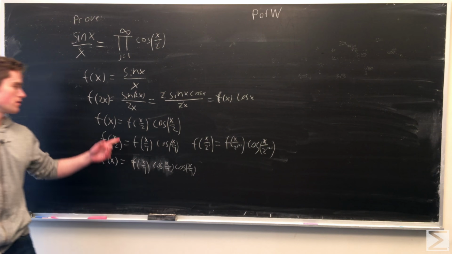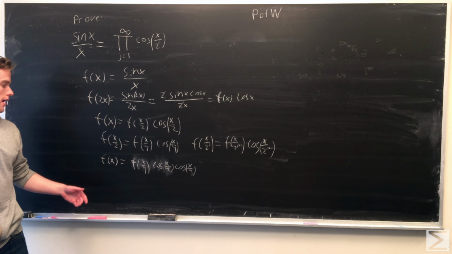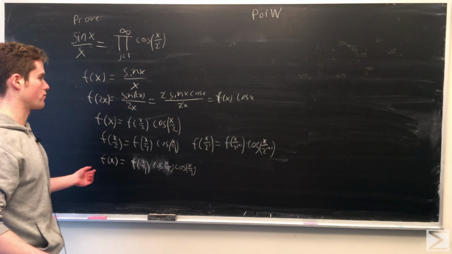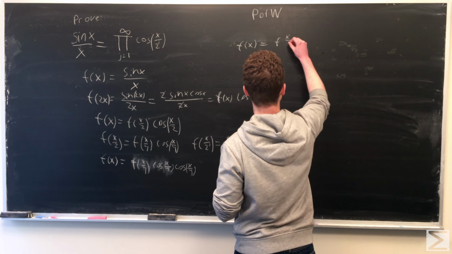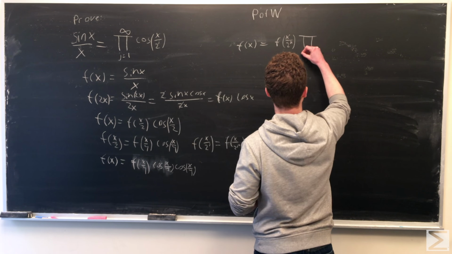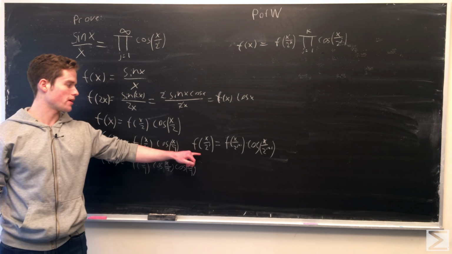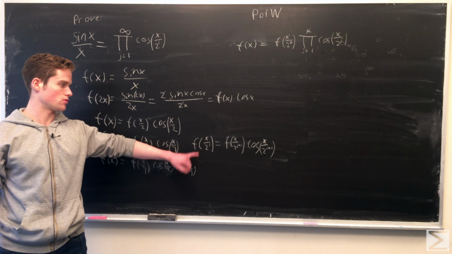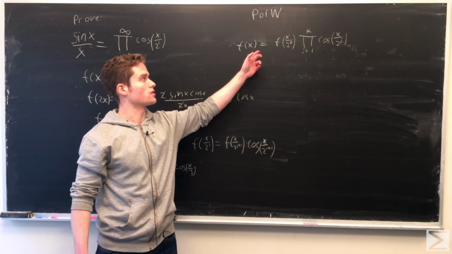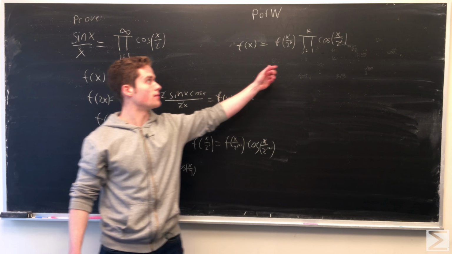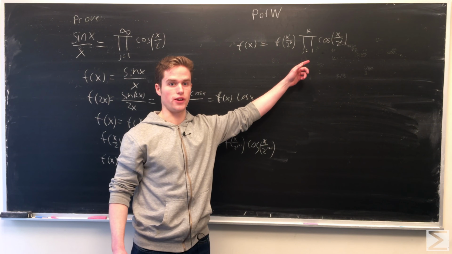And doing the substitution like we did here repeatedly with these infinite equations, by making use of all these equations, we can arrive at something like f of x equals f of x over 2 to the k times the product from j equals 1 to k of cosine x over 2 to the j.